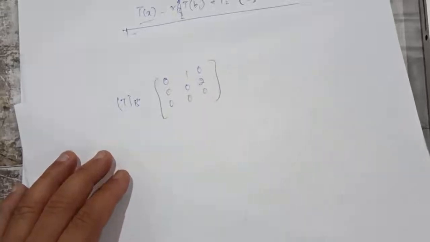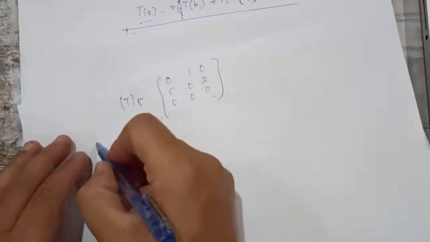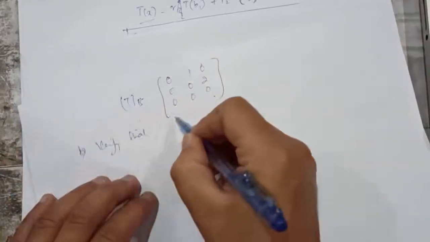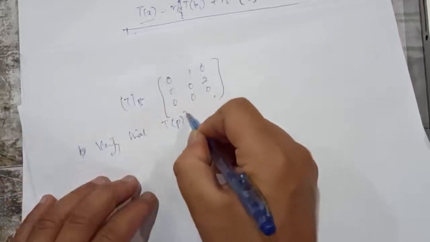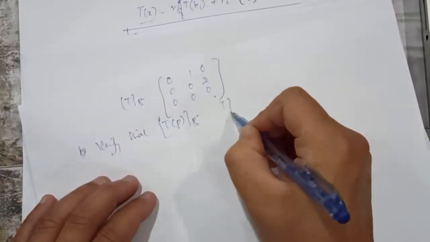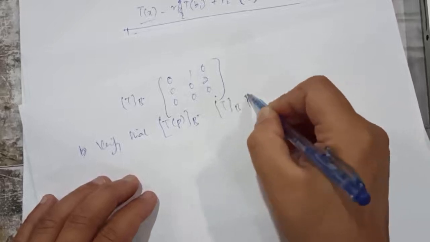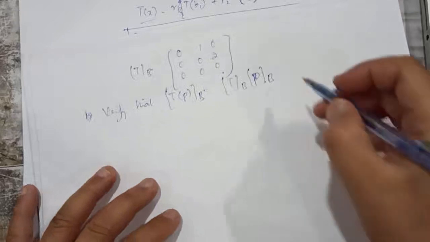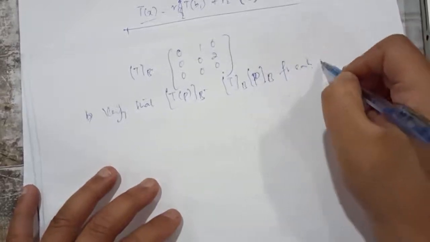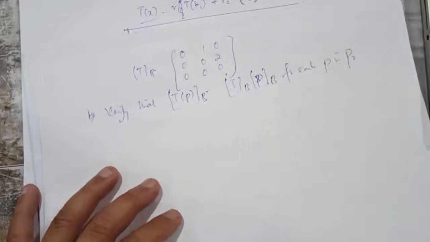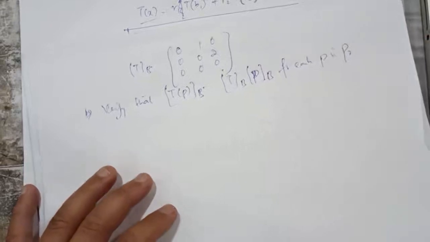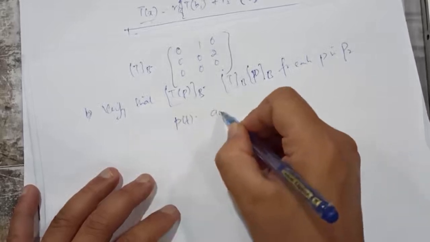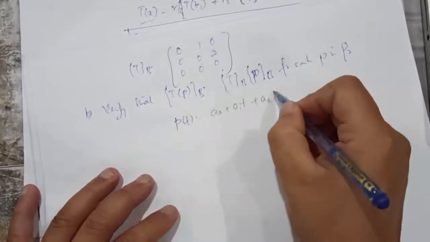Okay. Now second part that you say that verify that T of P in B is nothing but T of B into P of B. Now for each P in P2, any vector P in P2 can have the following components: P of t as a naught plus a1 t plus a2 t square.